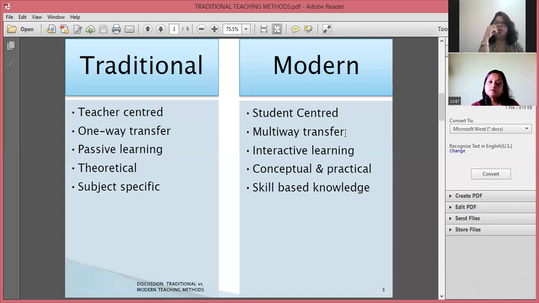Student centered learning is really important. And yes, multi-way transfer, interactive sessions, and conceptual and practical, the practical activities that we also do inside the classes. I give more focus on that, because until and unless we do it, we won't be able to, practical means execution. What we learn, we have to execute it.